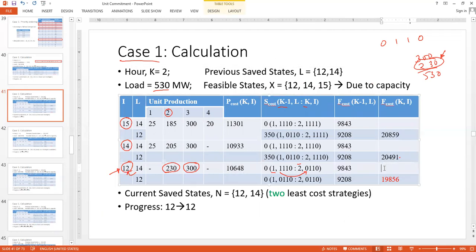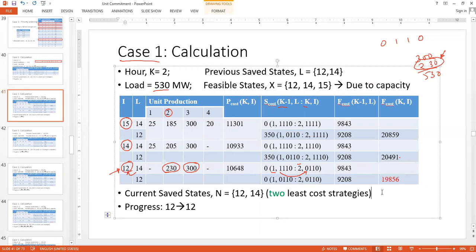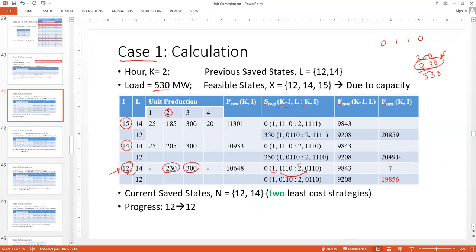We don't have to list or calculate the other one. Whichever is minimum, we pick and store. The other value is not required to be stored, because it is not the minimum among these two alternatives.